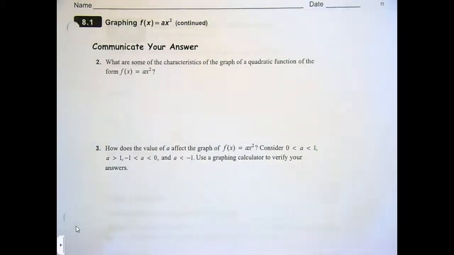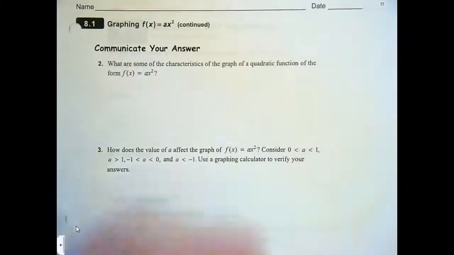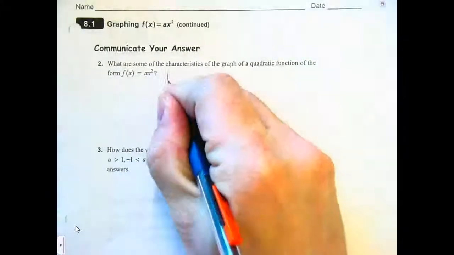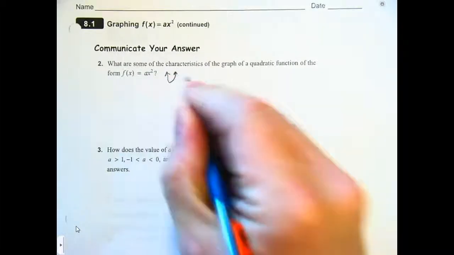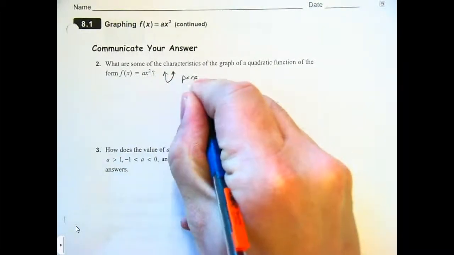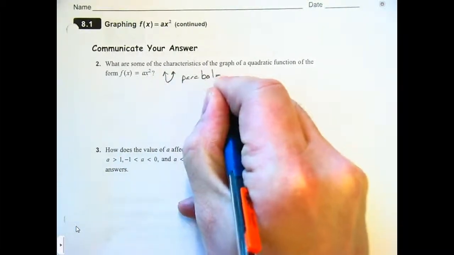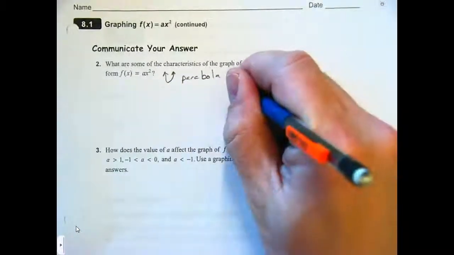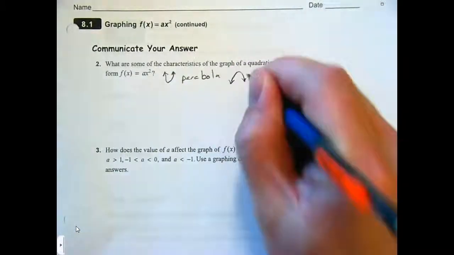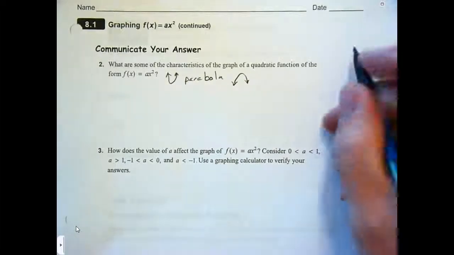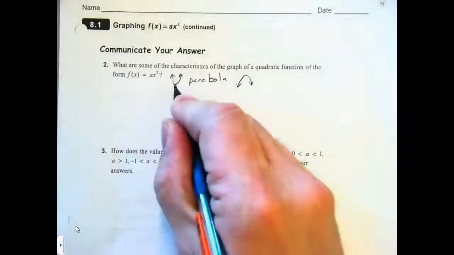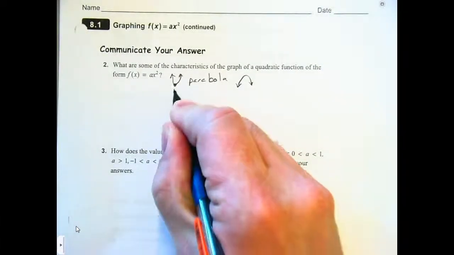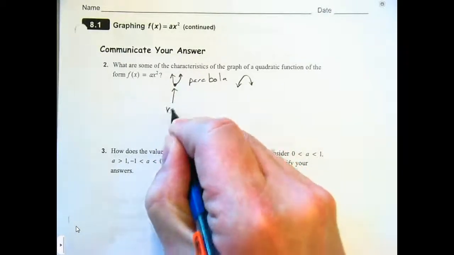Okay, what shape are they? Yeah, a parabola. They are U-shaped. Okay, we call it a parabola. Could be opening up, it could be opening down. All right? What do we know? Well, we know that this point right here is called a vertex.